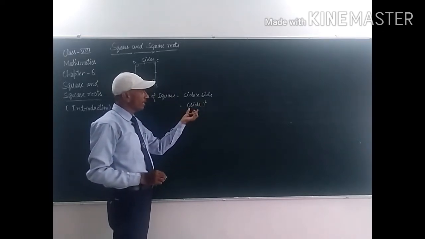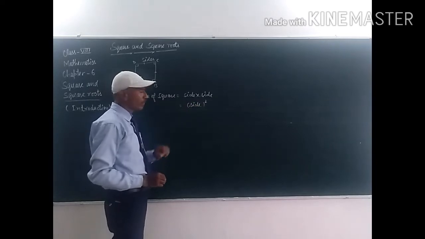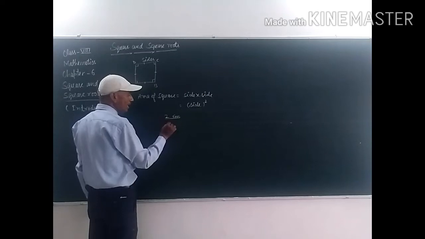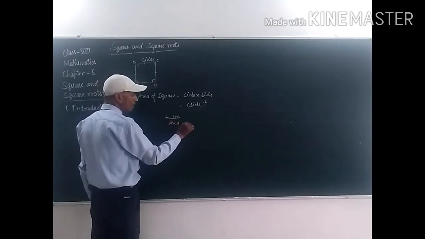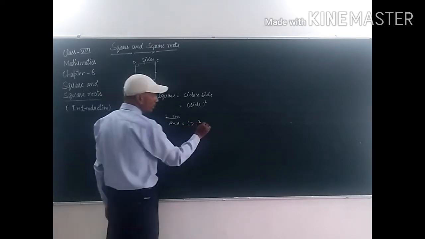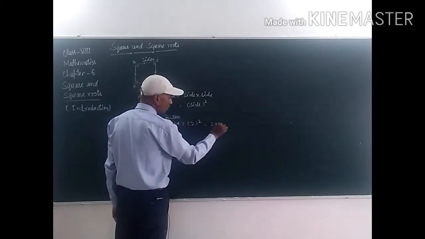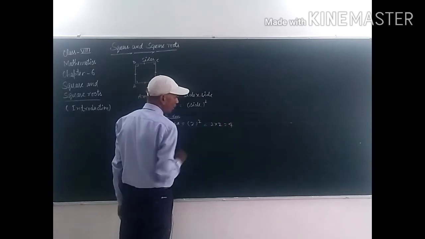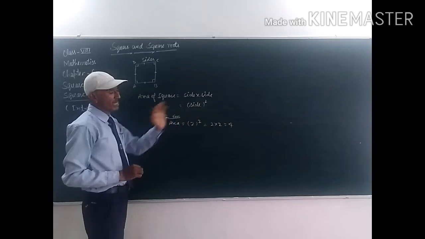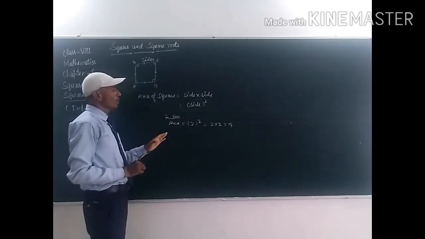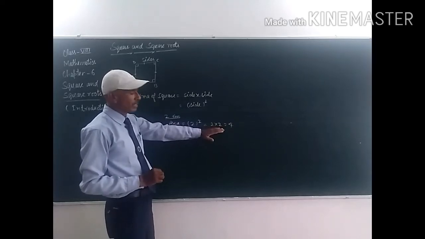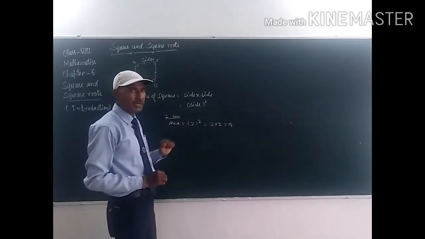If side is 2 centimeter, then area will be 2 square, means 2 raised to the power 2, it means 2 into 2 is equal to 4. Area of this figure will be 4 cm square. Clear? So if we multiply the number by itself, then we get the square of the number.